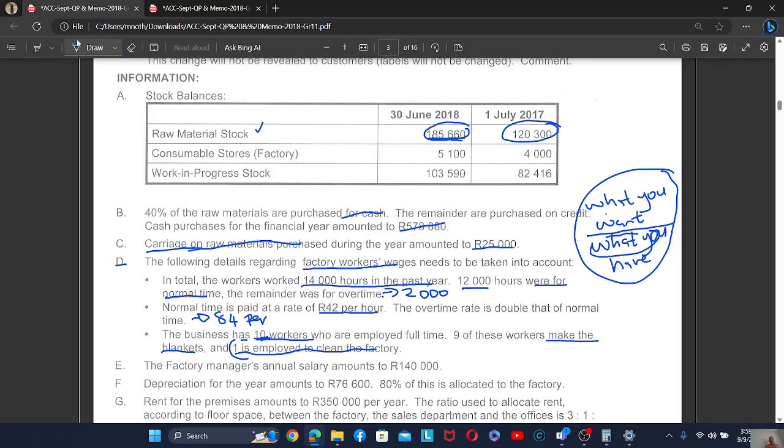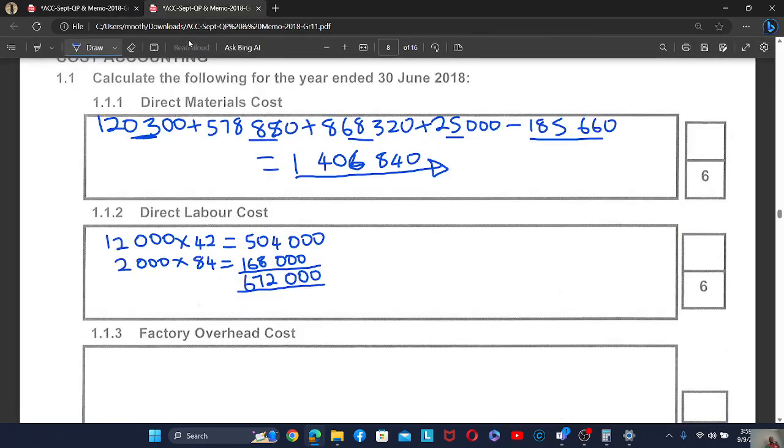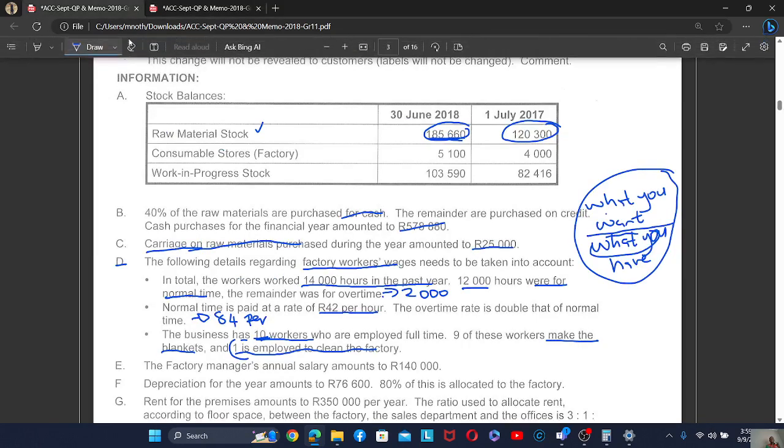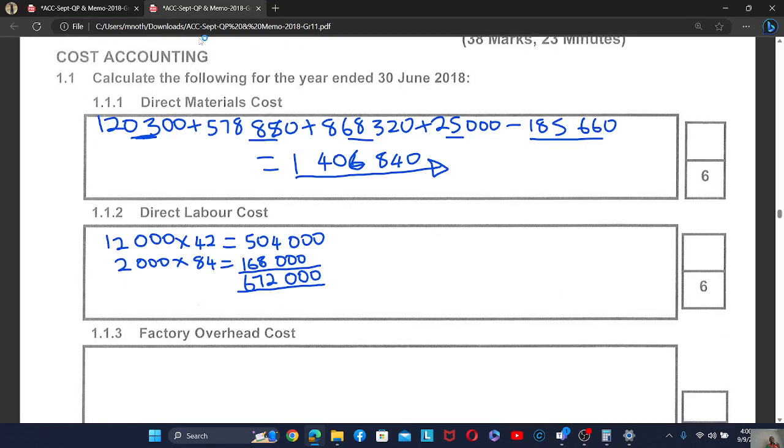But now you need to remember that we are looking for the direct labor cost, not the indirect labor. These wages are for the 10 employees, meaning that the wage of the employee that is indirect labor is also included here.